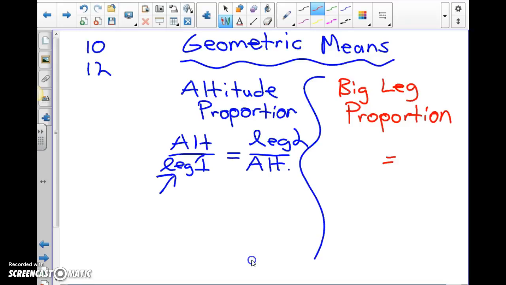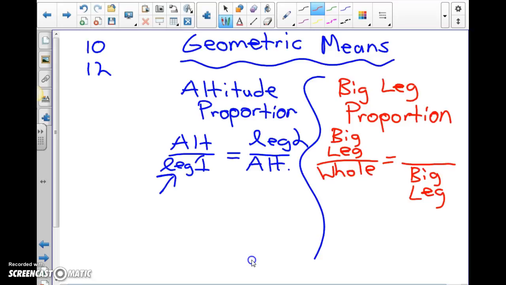This proportion looks like this. I've got the big leg in both positions. Since I'm focusing on the large right triangle, I've got the whole hypotenuse. And then up here, I've got where the leg that I'm dealing with meets. I'll explain this a little bit more in just a second.